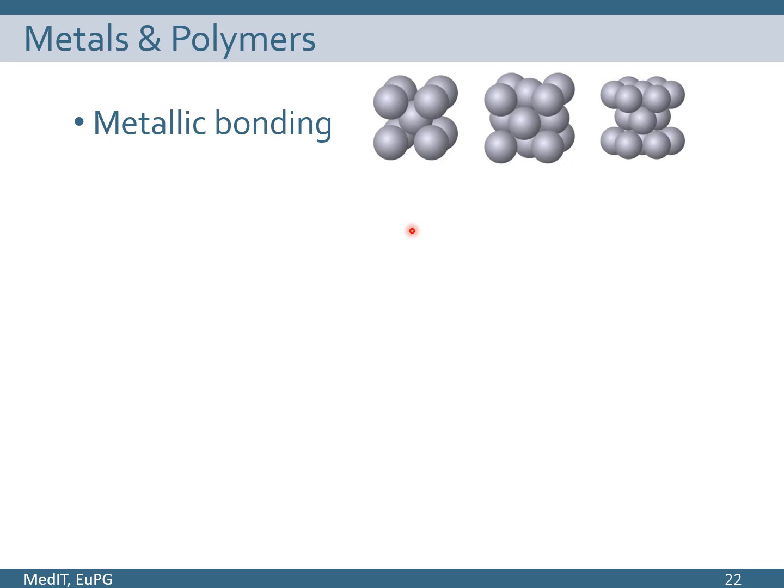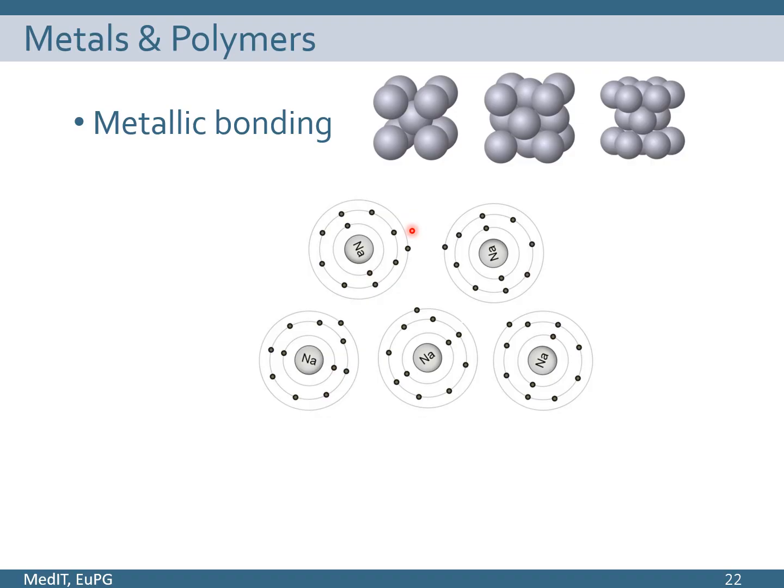So we say that the ions float in a sea of electrons. And similar to a covalent bond, where orbitals cover two atoms and hold them together, these delocalized electrons provide cohesion between all the ions. So in a way, the sea of electrons holds all the metal ions together.